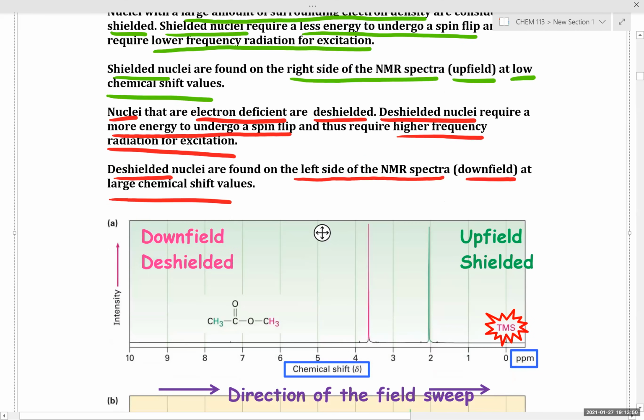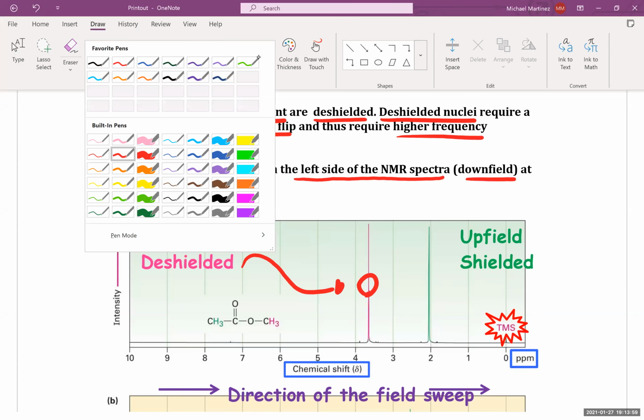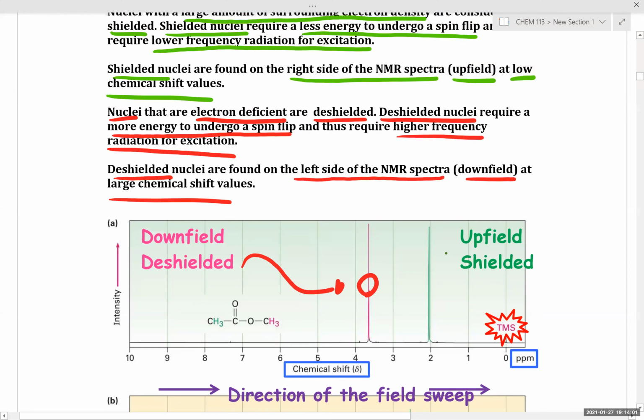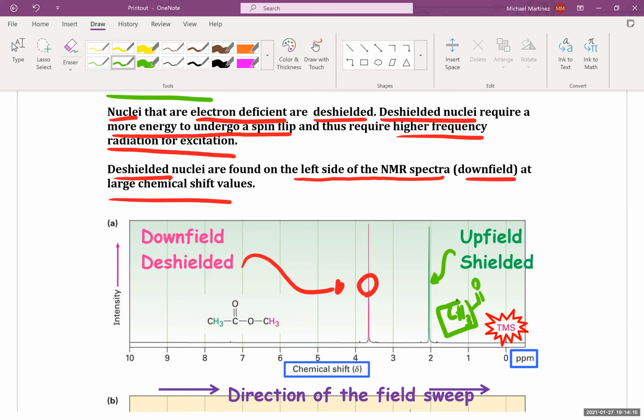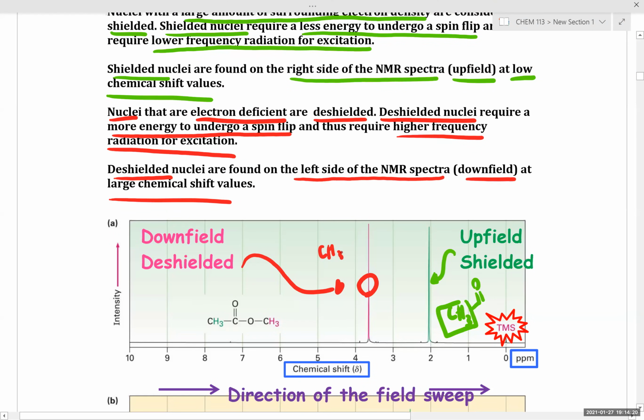So here's a correlation. These protons in red would be downfield and deshielded, while the protons in green would be upfield and relatively shielded. The upfield protons are the methyl protons adjacent to our ketone, while the downfield protons are the methyl protons that are adjacent to the ester oxygen.